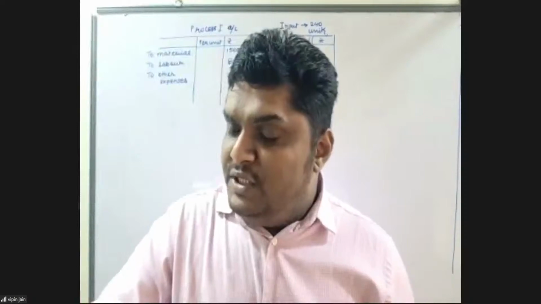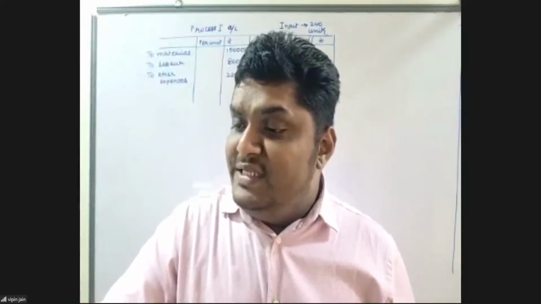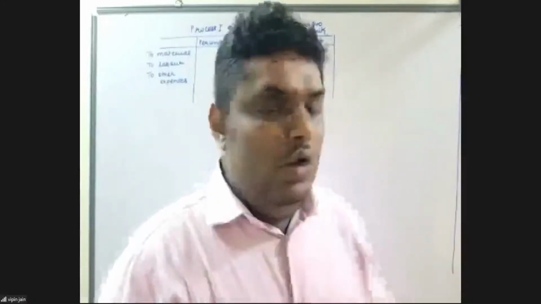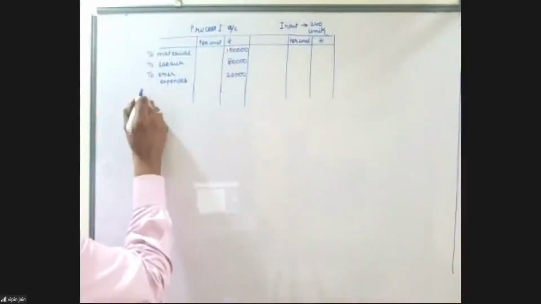Further, it is given in the question that indirect expenses amounting to rupees 85,000 may be apportioned on the basis of wages. So we'll record indirect expenses also.